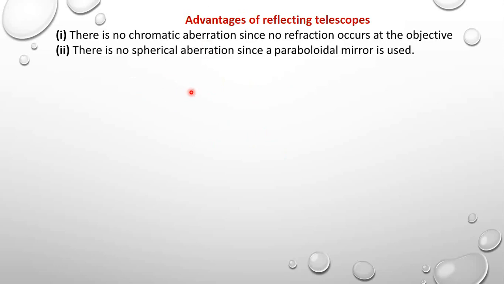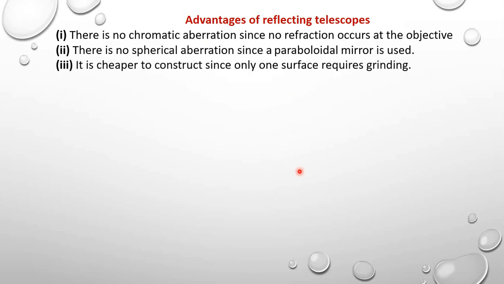Then also, it is cheaper to construct, since only one surface requires the grinding, that is the coating. And then also, when curved mirrors of a larger diameter are used, then a greater resolving power is obtained.